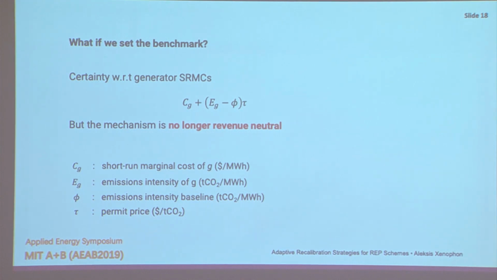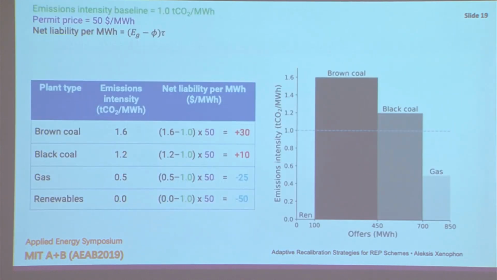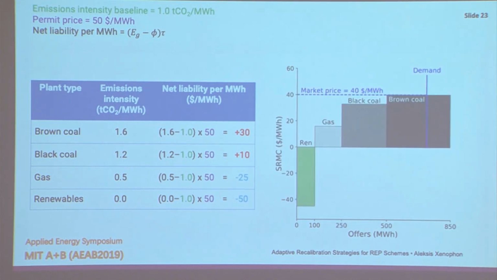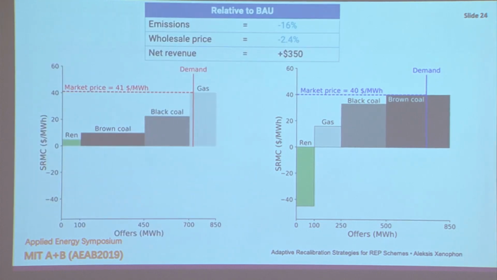So I can illustrate this using the previous example. If we now slightly decrease the emissions intensity, and I'm going to call it a baseline now, to 1 tonne of CO2 per megawatt hour, okay, we keep the permit price the same as before. We can go through the same exercise, compute the penalties and the credits, and then rearrange, constructing our new merit order. And compared to the business as usual case, you can see we have these same merit order effects now.